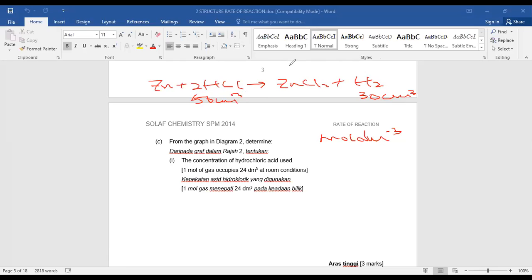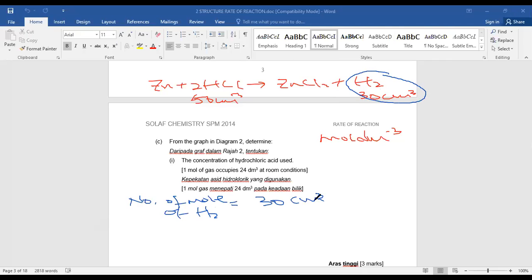I mentioned to you before, when we are having problem to calculate, we are always going to start from the first step, which is the number of mole. And in this case, we are going to calculate the number of mole of the H2, because we already know the volume, which is 30 centimeter cube.